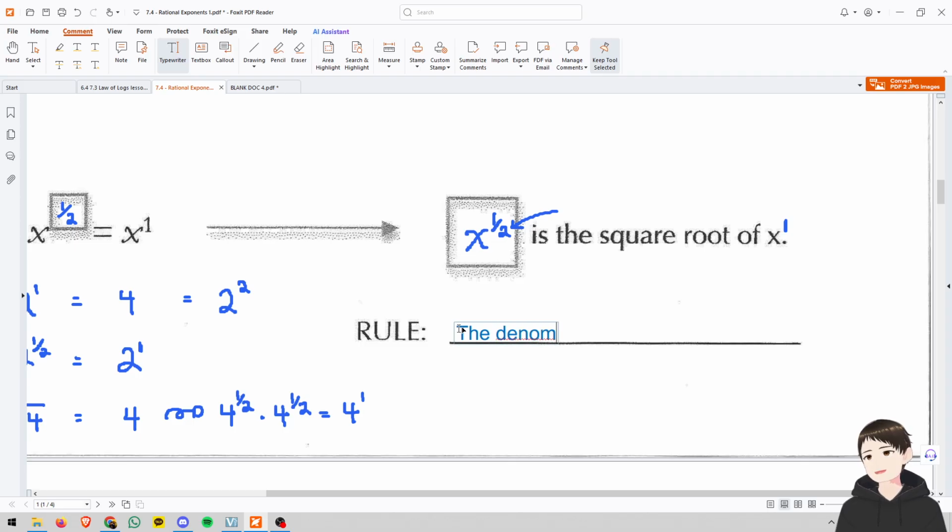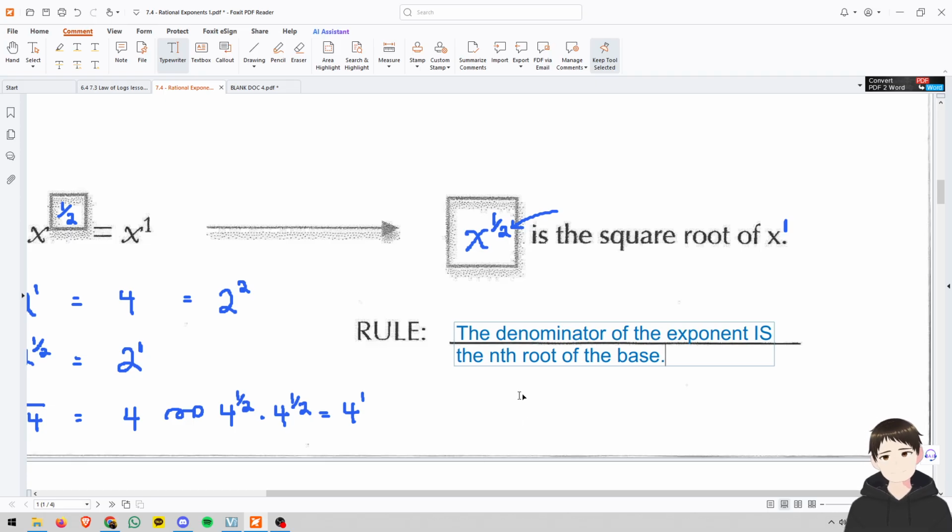The denominator of the exponent is the root. Let's call it the nth root of the base. It's a little bit weird to just read that and understand it. It's better to see it in action.